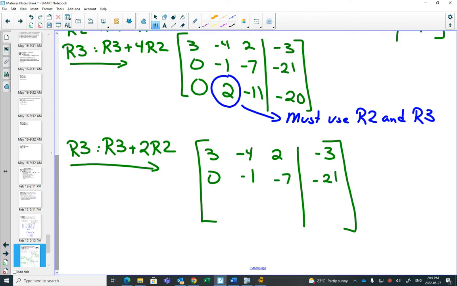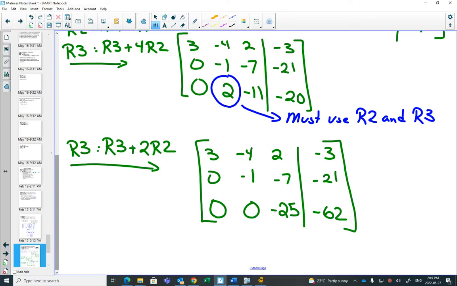And row 3, 0 plus 0, that'll still be 0. This will now be 0. Negative 11 plus negative 14, negative 25. And negative 20 minus 42, negative 62.